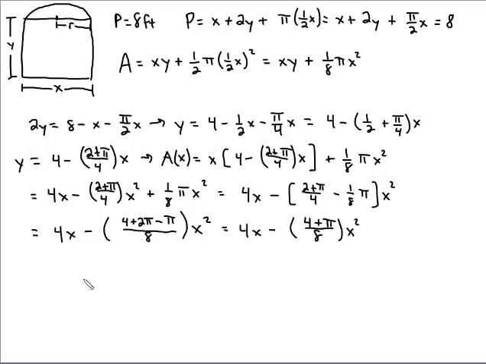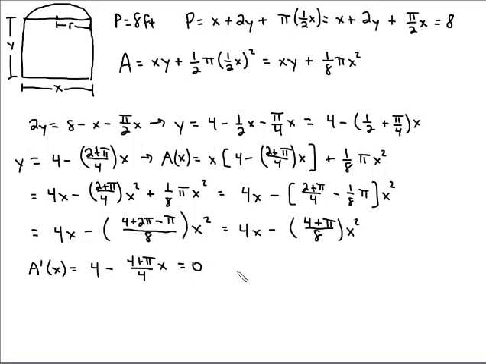x squared. So now we're ready to take the derivative, so A prime of x will be 4 minus, now when I bring that 2 down, it's going to cancel with the 8 and become 4, so we'll get 4 plus pi over 4x. And now we'll want to set that equal to 0.